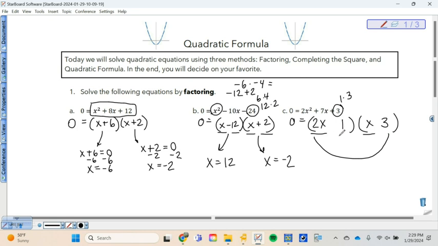Good, yes. I want my 2x and my 3 to multiply, and I want the 1 and the x to multiply, because then I end up with 6x and 1x, which gives me this 7x. So it's going to be 2x plus 1, x plus 3.